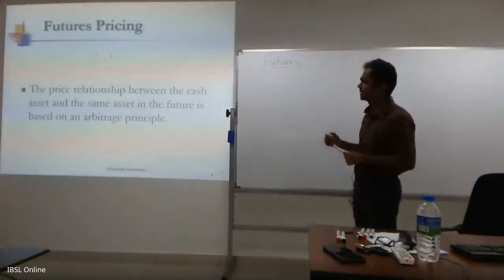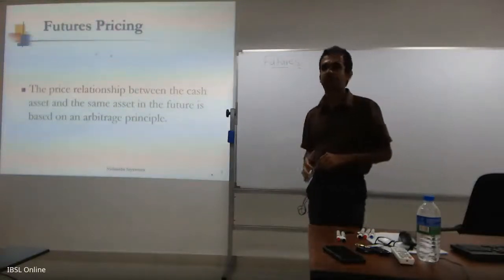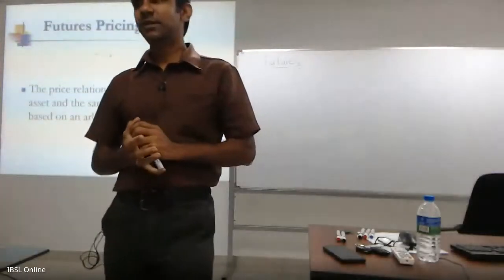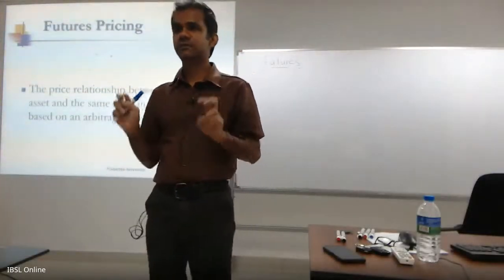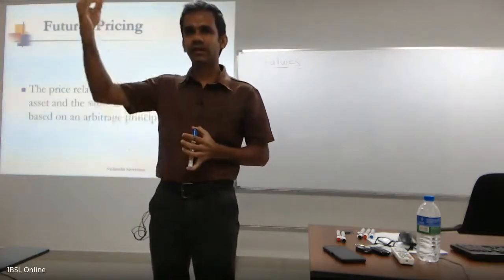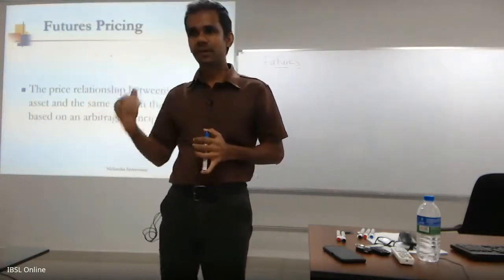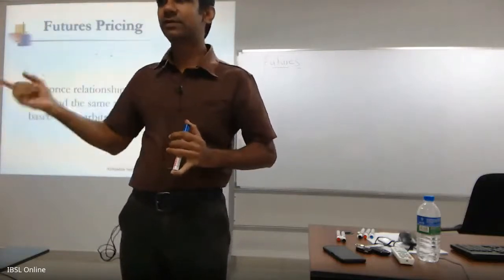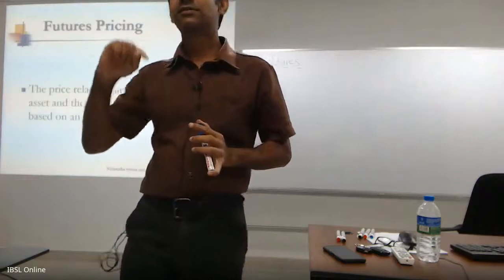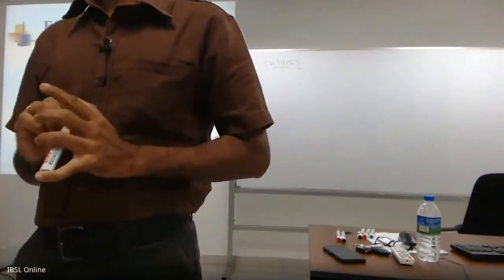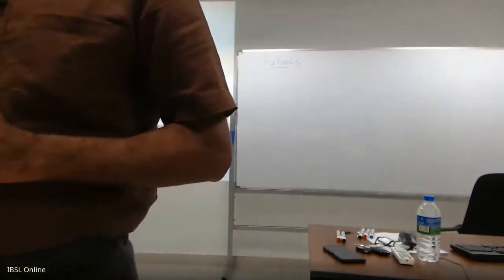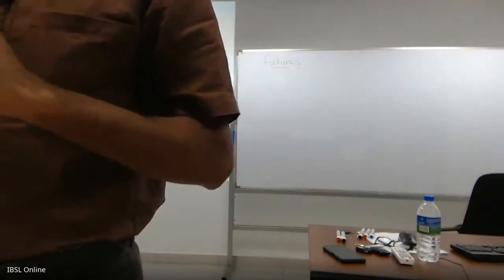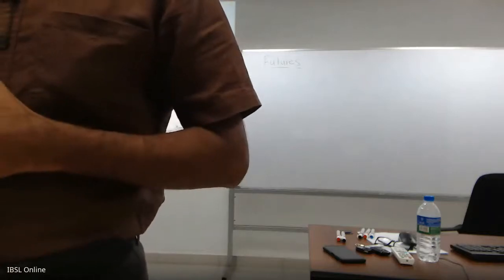If you can remember when I explained that FX forward equation, I mentioned that it is an arbitrage-free method. That's why we calculate the present value of base currency and the present value of counter currency, which is equivalent to the base currency amount. $1, 180 rupees, whatever the equivalent, we calculate the future values.